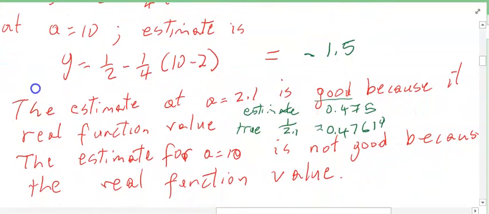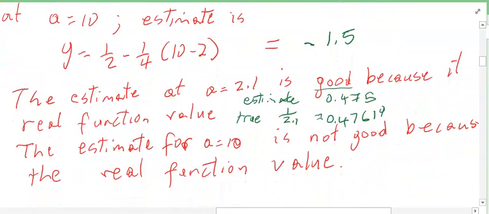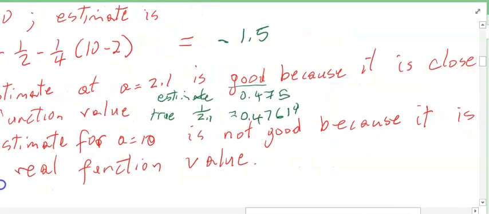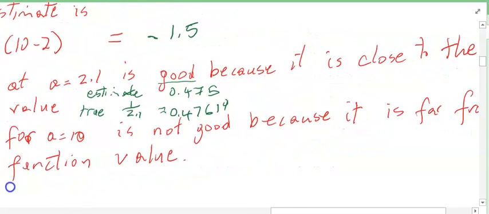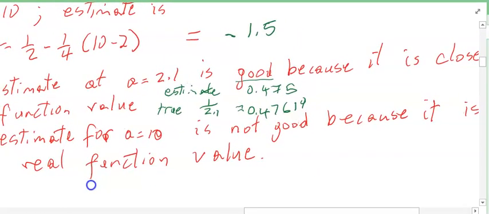For the estimate at a equals 10, we say it's not good because it is not close to the real function value. It is far from the real function value. Why?